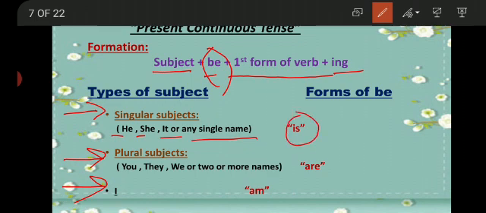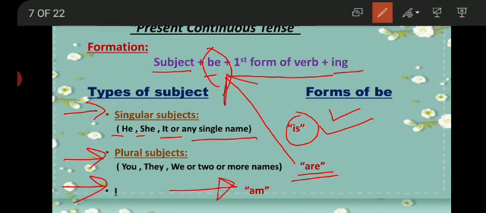For the plural subjects, meaning 2 or more names, or they, we, we use are as the form of be. And with I, we always use am.